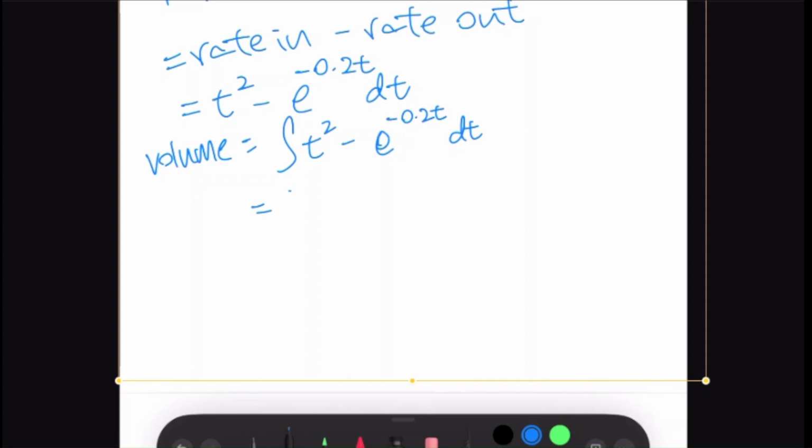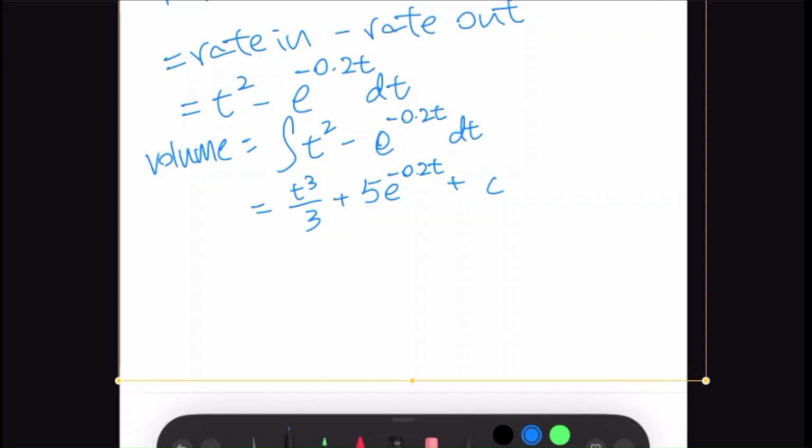So what we'll have here is t cubed over 3 plus 5e to the negative 0.2t plus c. And what Max did wrong is that he assumed because the initial was 100, that c was equal to 100, which was actually a wrong assumption. Oh wait, no, he's typing. Let's see what he has to say.